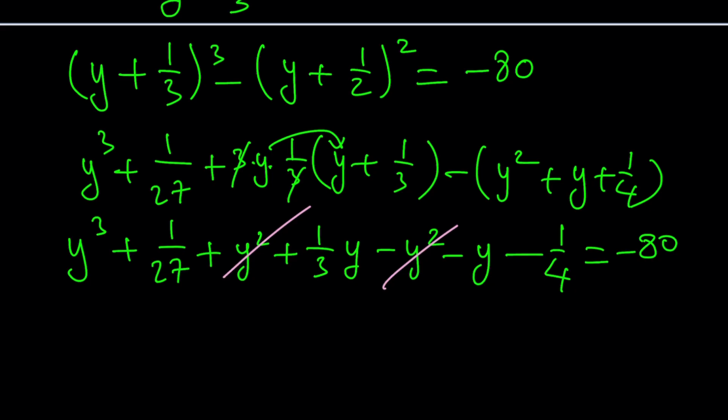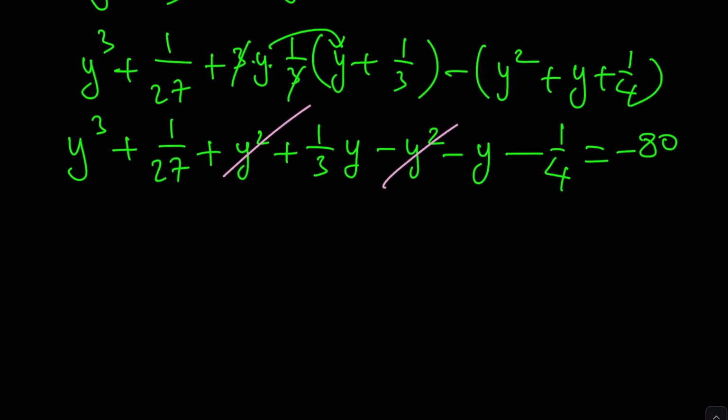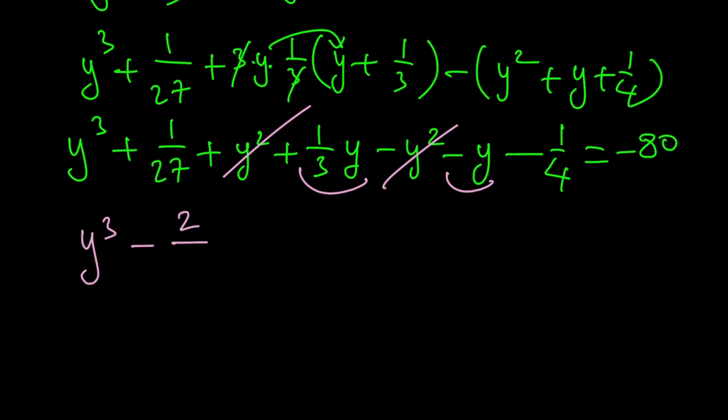So now let's go ahead and put it together. We have y cubed. And then these two will give me -2/3 of y. And then we have two constants and another constant. So we kind of need to put these all together, like 1/27 minus 1/4 plus 80/1. And that's just going to give you a constant.